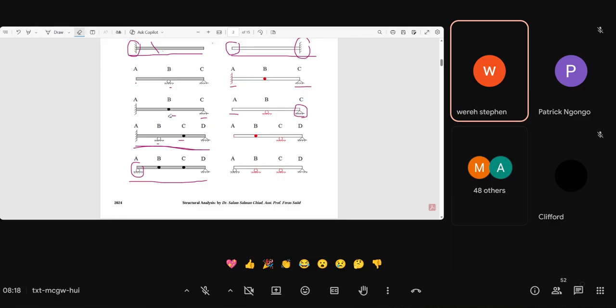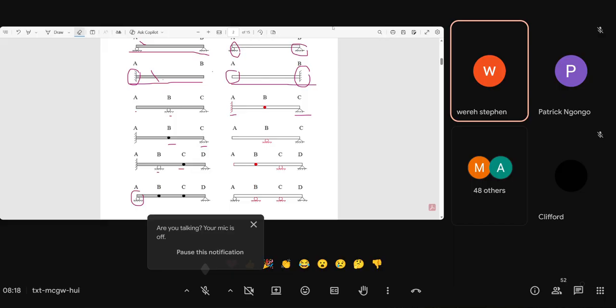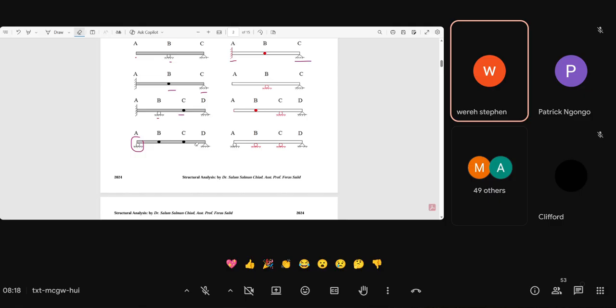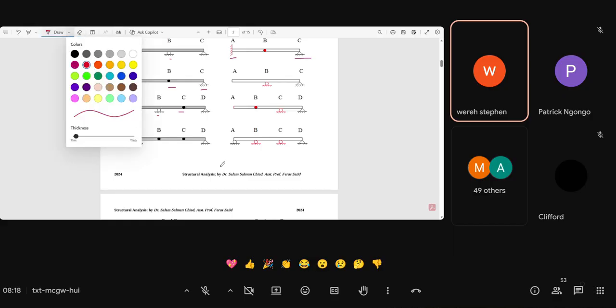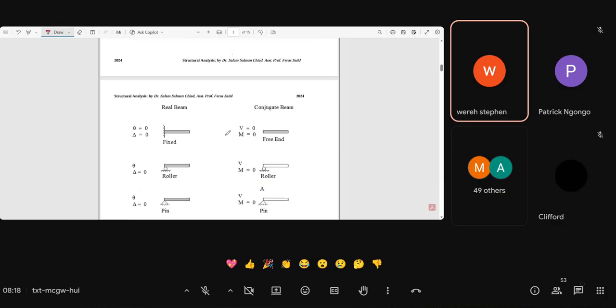Because if you don't know how to draw the conjugate beam, there's no way you're going to proceed with this type of questions. So this one is a must. You must know how to draw a conjugate beam. Now, after knowing how to draw the conjugate beam, the next step is how to manipulate this conjugate beam to help you find the deflection of the beam.